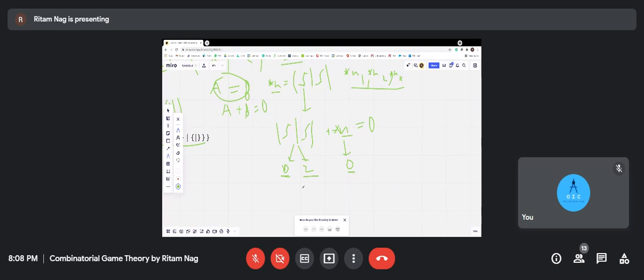In that case, from 2 you can actually go to 0 or 1, right? And if you choose 2, then you still have 1 here. So from 1 you can go to 0.